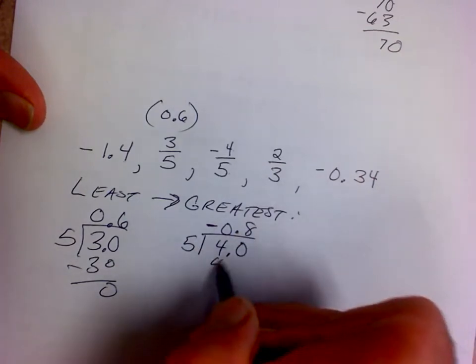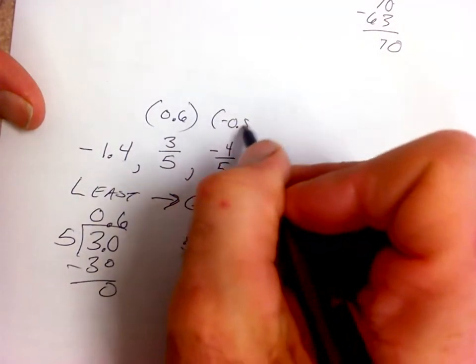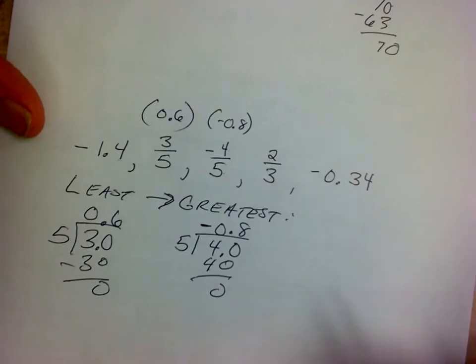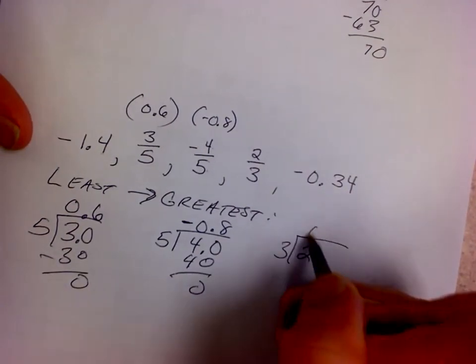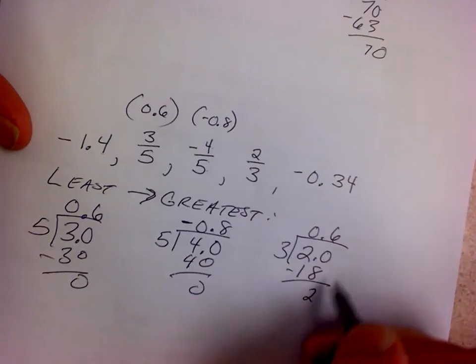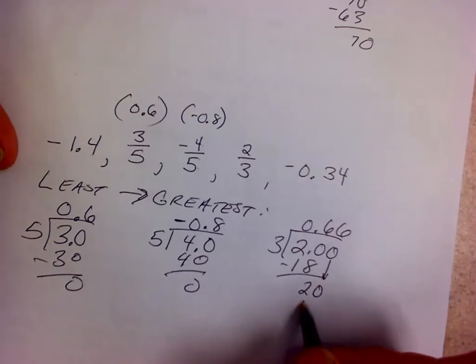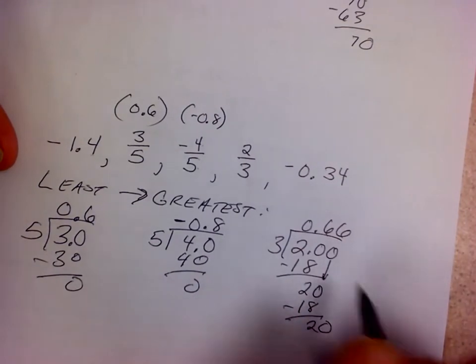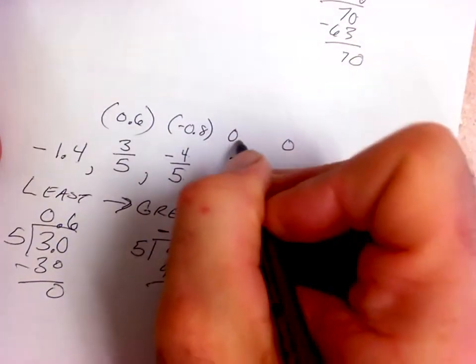So we get negative 0.8. And then 2 divided by 3. Three goes into 20 6 times. Again, 20 minus 18, 20 minus 18. Our process is repeating.